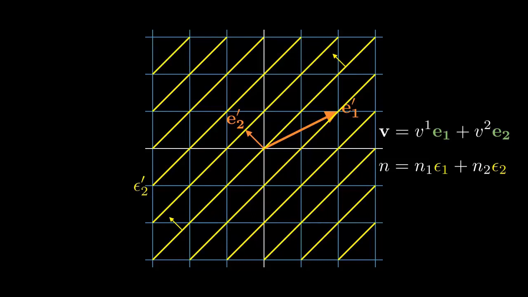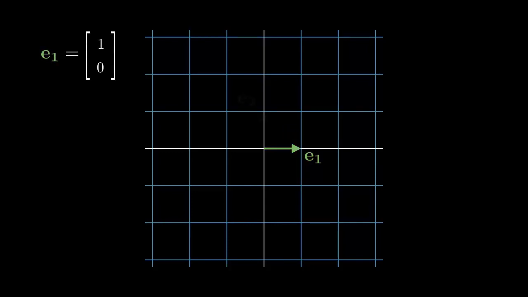Let's say that work well means they work like a basis. Let's think about a vector v, which is equal to e1. This v is parallel to e1, thus there is no e2 component. For a vector which is parallel to one of the basis vectors, there is no other basis component.